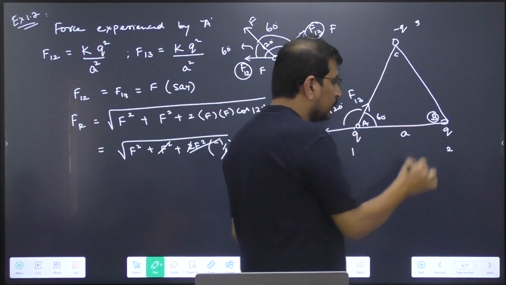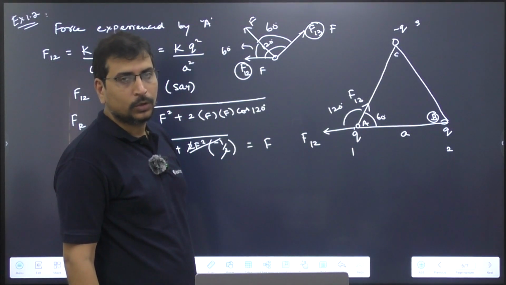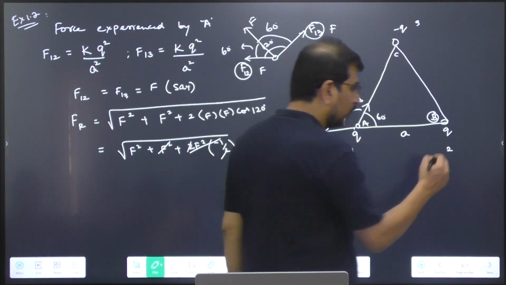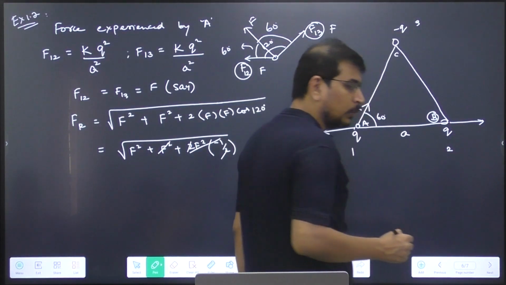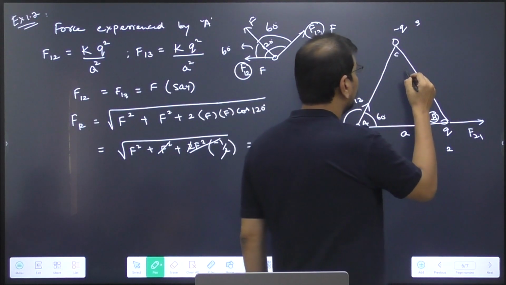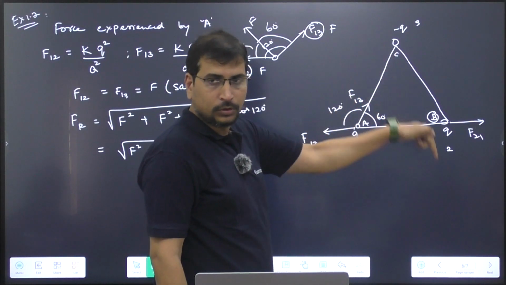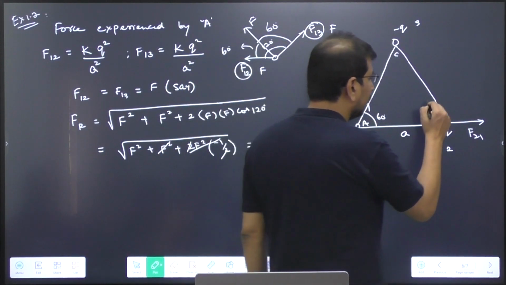So for the charge which is at B, due to the charge at A, what will be the direction of force? Rightward or leftward? Rightward, because it's a repulsive force. So what is going to be the value? F21, correct? What about this one? So will it be upward or downward? Upward, because it's an attractive force.